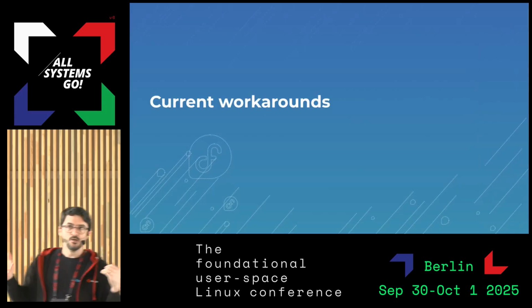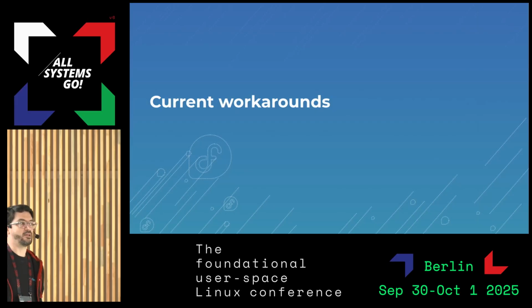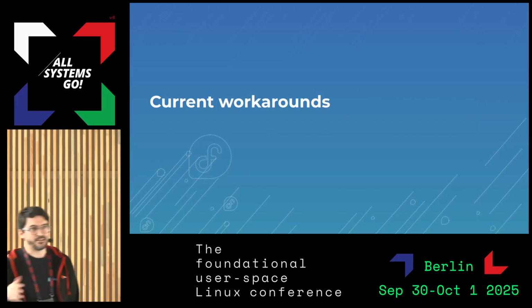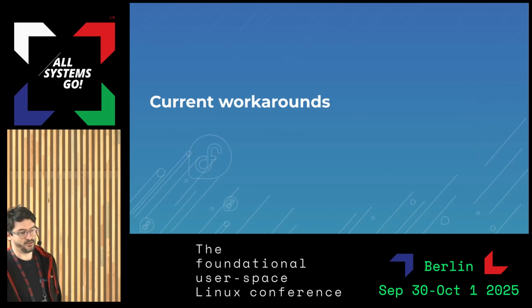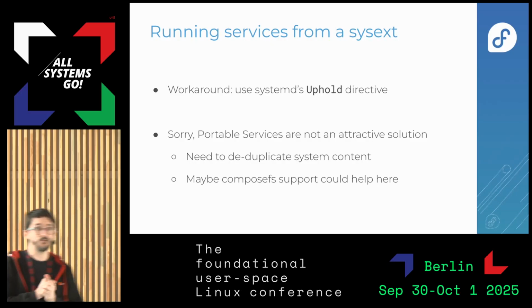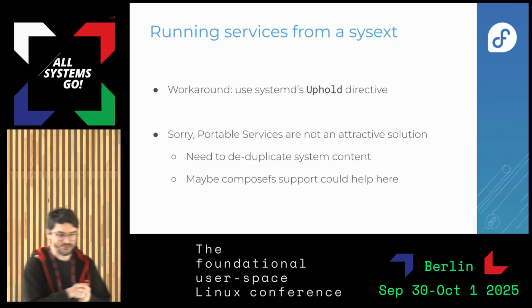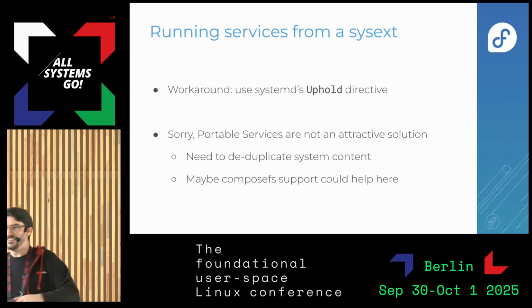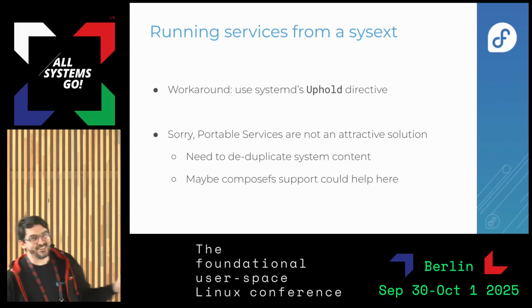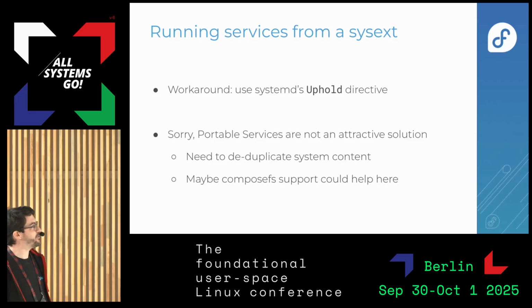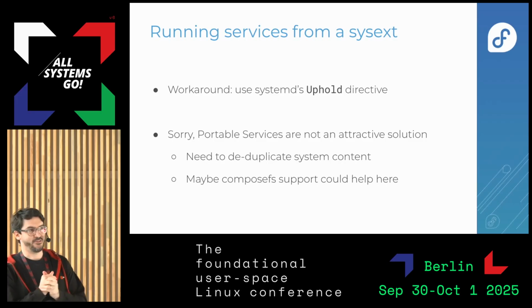Okay, so we have a bunch of workarounds. The Sysexts work kind of well, but there are things that are a little bit mushy. One of the main things is: how do you run services from a Sysexts? I know there are members in the audience, so I wrote a specific line in the slides: I should use portable services. Unfortunately, these portable services aren't super attractive for us.